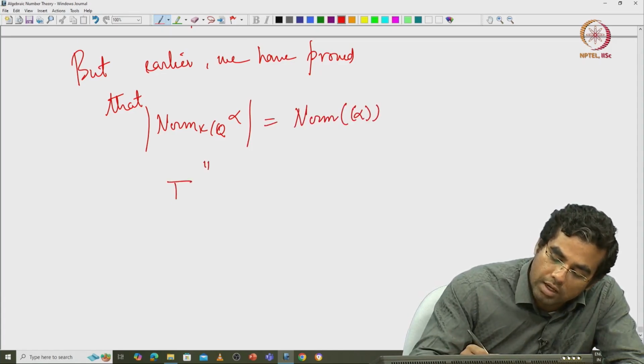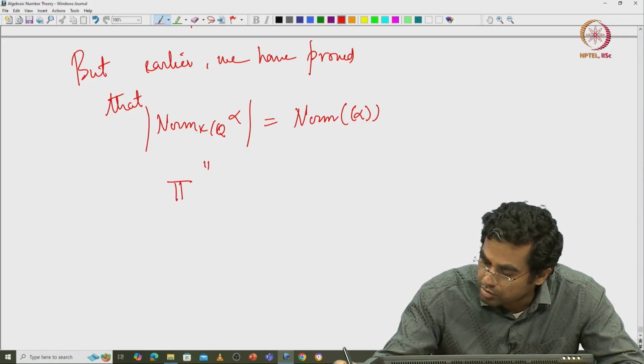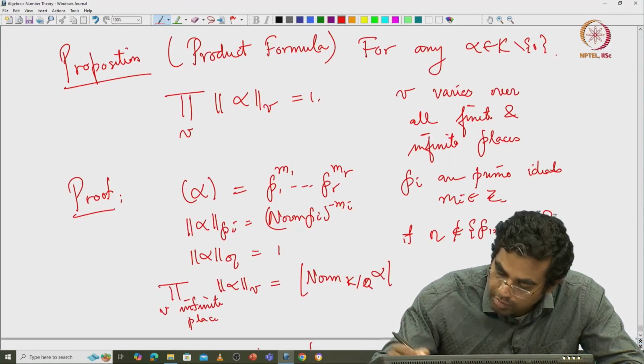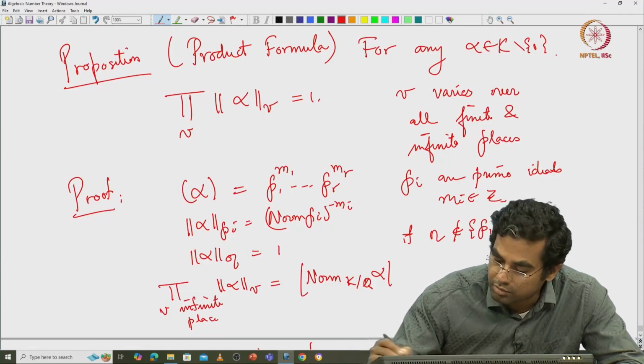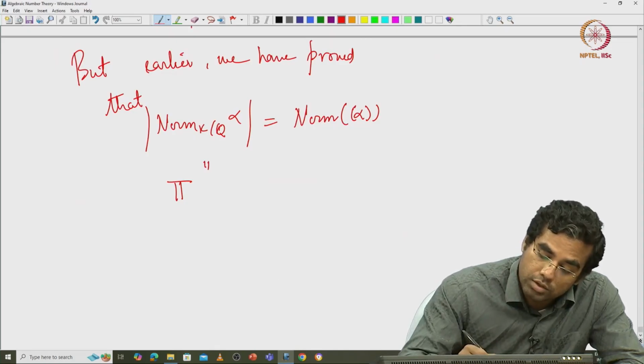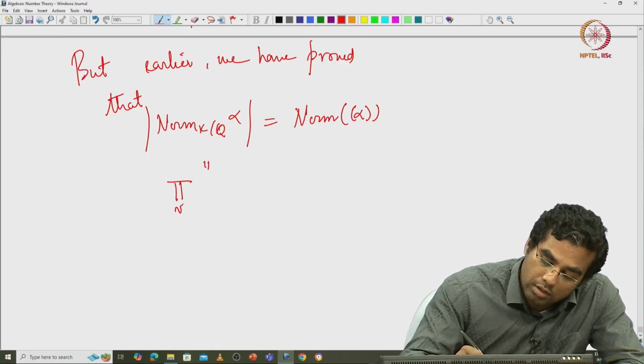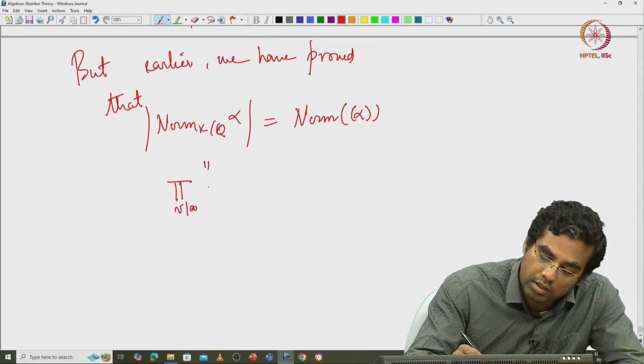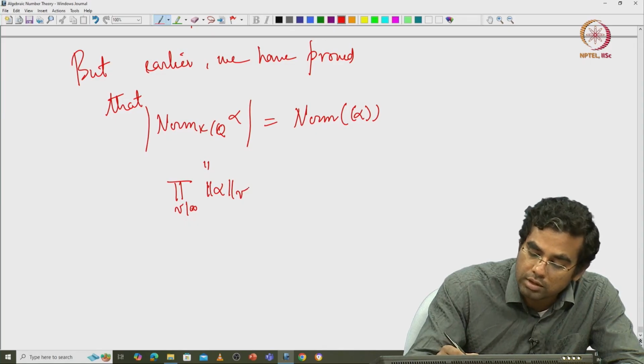So, on this side I have, actually this should be mod, right, because it was product over mods of all those things, right. So, this should be V dividing infinity. So, this is another way to write it of valuation of V.